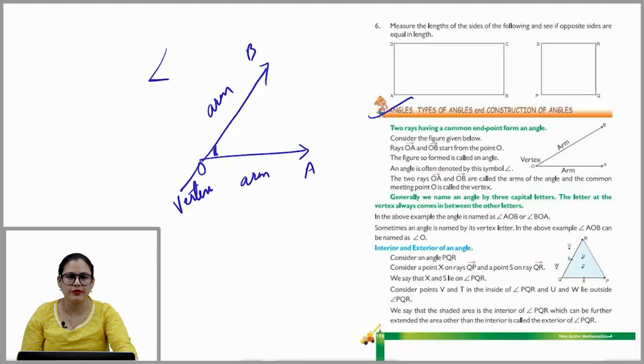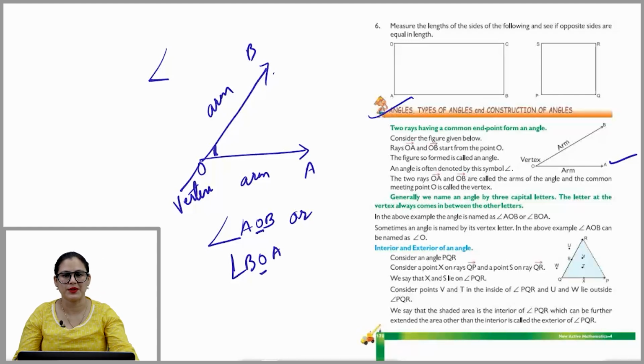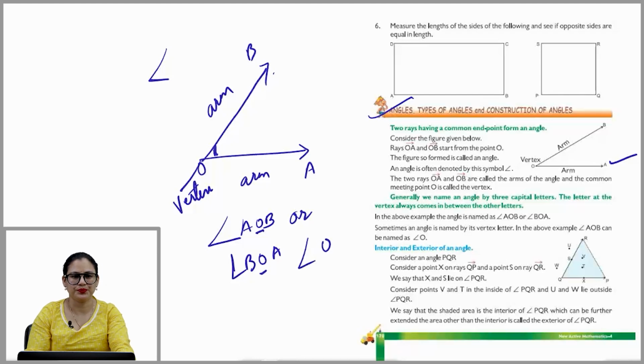The letter at the vertex always comes in between the other letters. In the above example, the angle is named as angle AOB or BOA. Remember, vertex should come in between the 2 letters. Or it can be named simply as angle O.